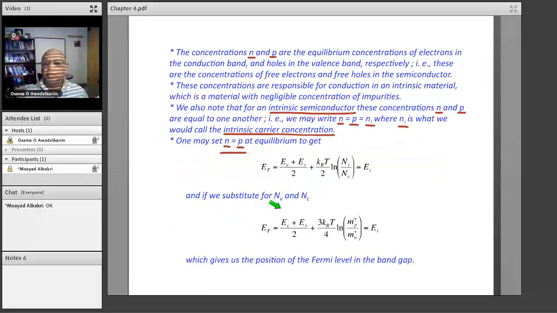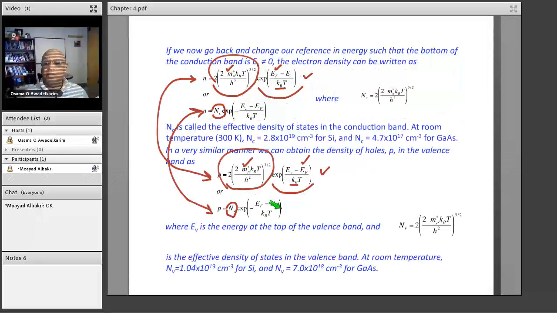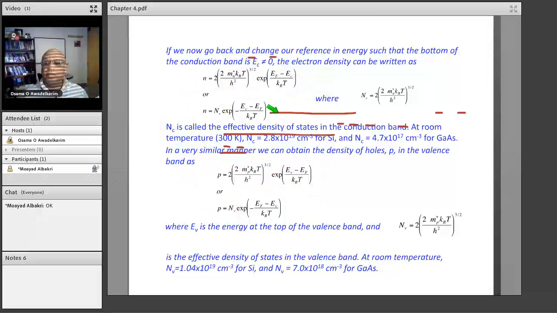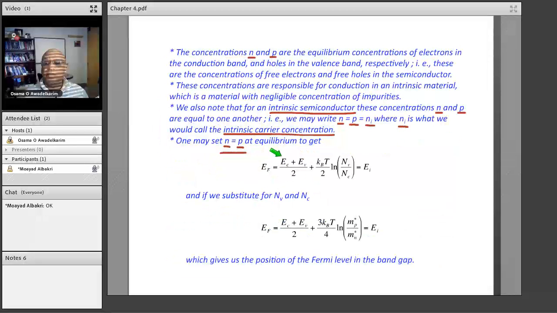After setting them equal and reorganizing the terms, you can immediately see that (EC plus EV)/2 plus (KBT/2) times the natural log of NV over NC is equal to EF.